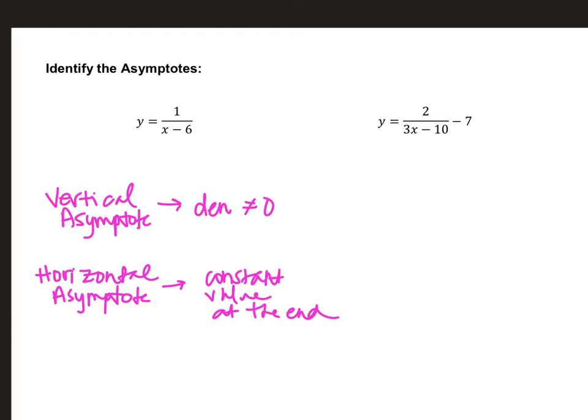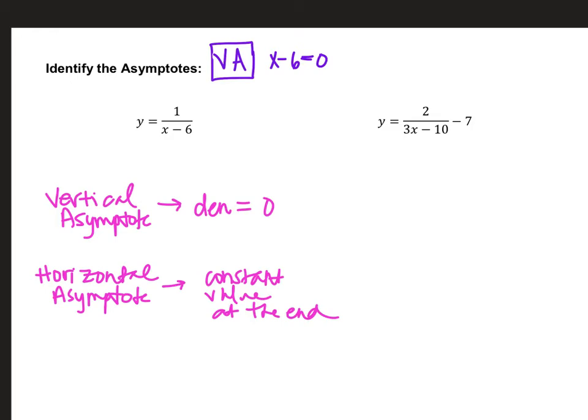For this first example, y equals 1 divided by x minus 6. So I'm going to do some writing up here. The vertical asymptote, take your denominator, x minus 6, set it equal to 0. I'm just so used to saying not equal to.